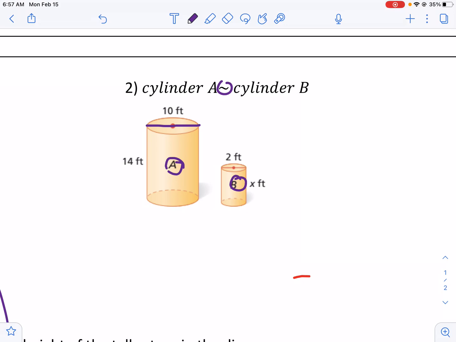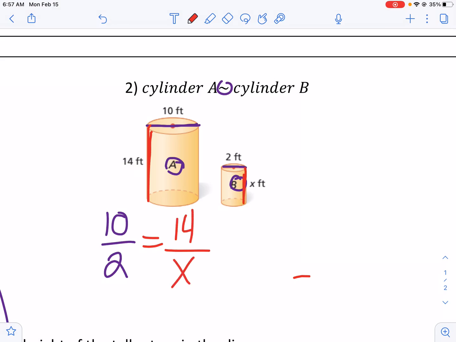So the distance across the top. This diameter corresponds to this diameter. So 10 over 2, again, we can change colors, equals the height of the cylinder and the height of the smaller cylinder, 14 over x.